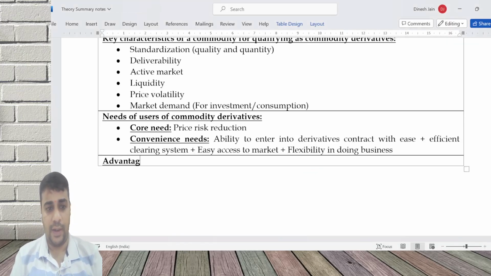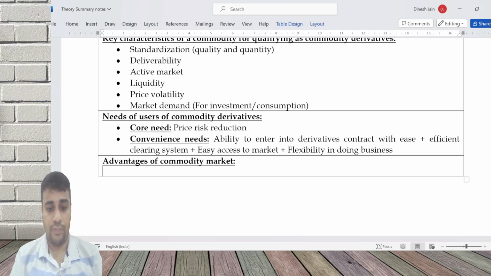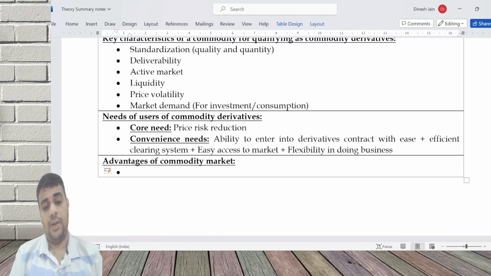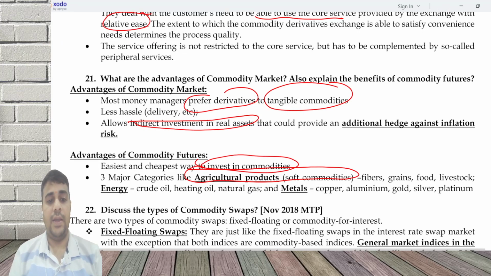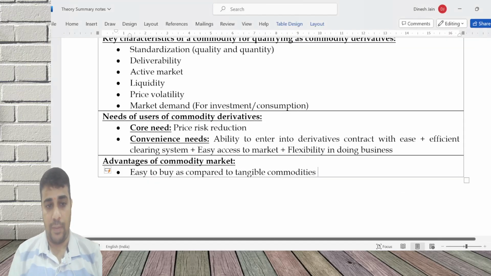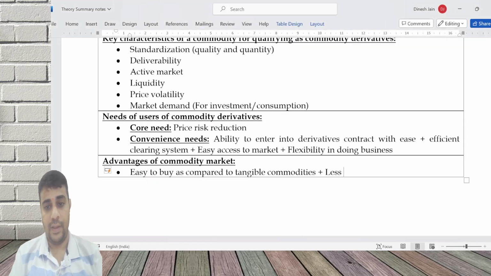Advantages of commodity market: easy to buy as compared to tangible commodities, less hassles.